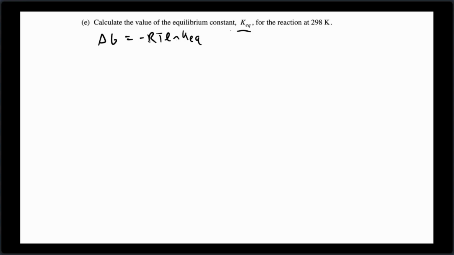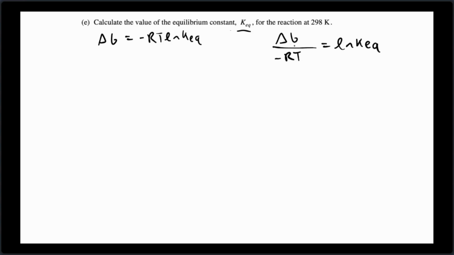So if we move the negative RT, we will get the standard free energy change over negative R and then temperature, which will equal the ln of the equilibrium constant. And that's how we can find our equilibrium constant. And we can plug in our numbers.